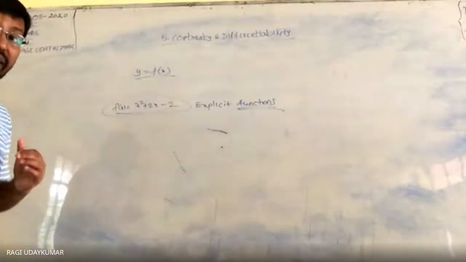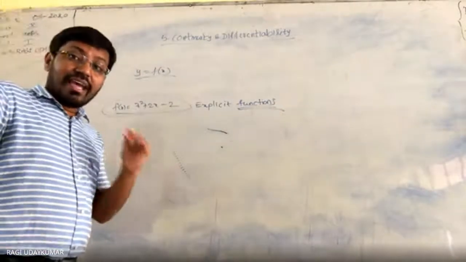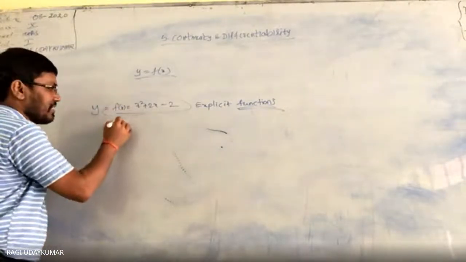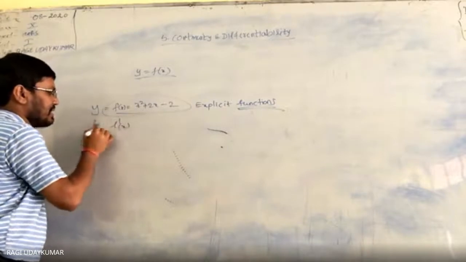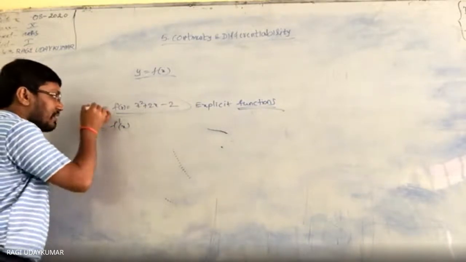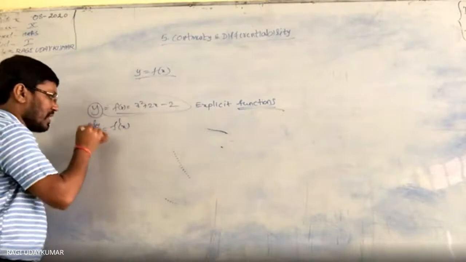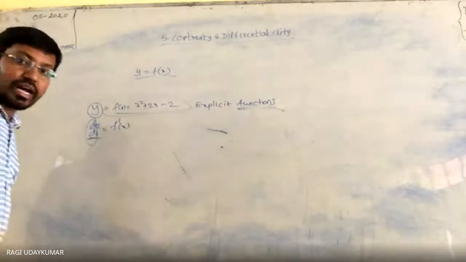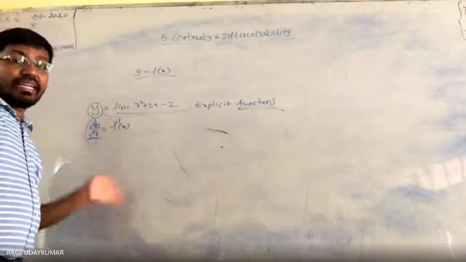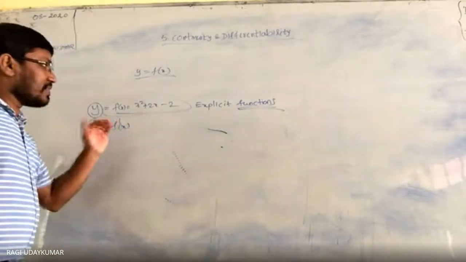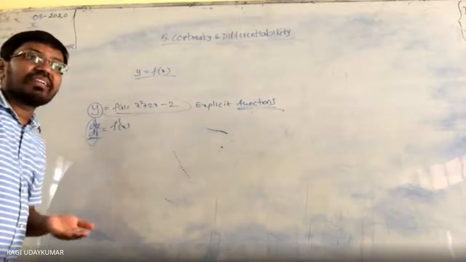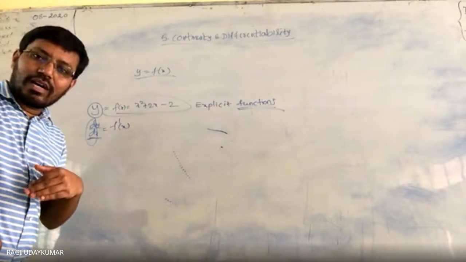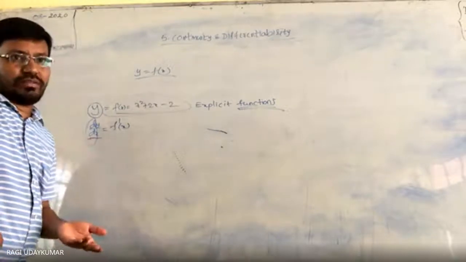And an implicit function is one where f dash of x is represented as dy by dx, and finding the derivative with respect to x means d by dx is taken on both sides. These are explicit functions. An implicit function is one where y is included as a variable in the given function.